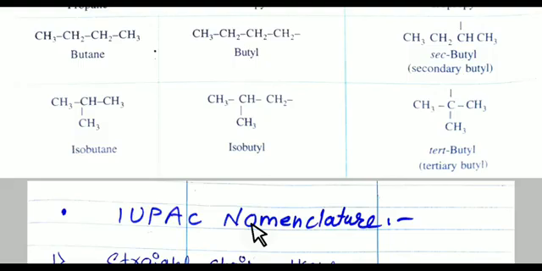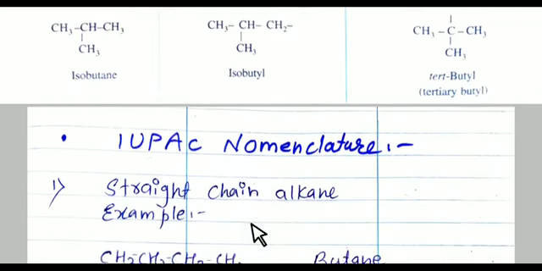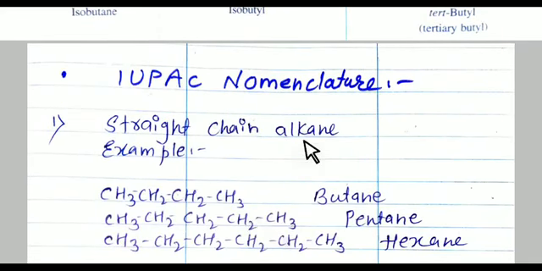Now the next, all of this is about the common name. The next is the IUPAC name. For IUPAC nomenclature there are some conditions. For example, you have to number the longest carbon chain first.